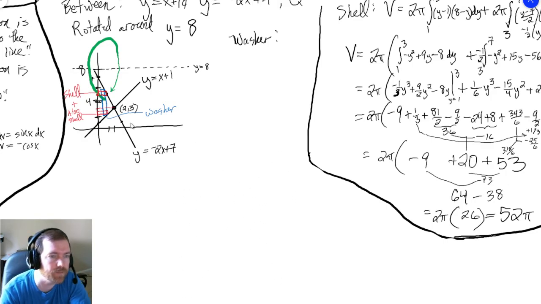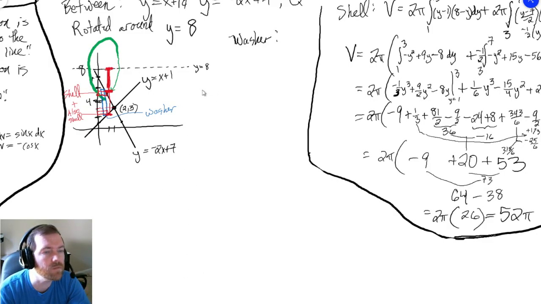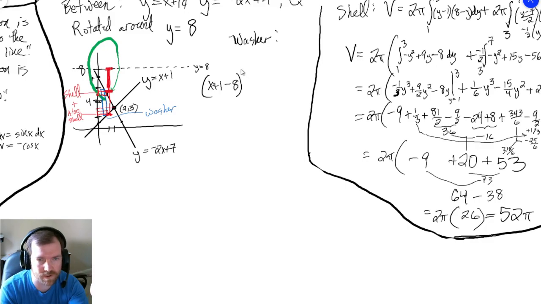We'll take this amount that's going from x plus 1 and then going all the way up to 8, and then we're going to remove from it the place from whatever our upper one is here, up to 8. So we take the amount that's going from x plus 1 minus 8, the distance between those two, and that's going to be our first face.